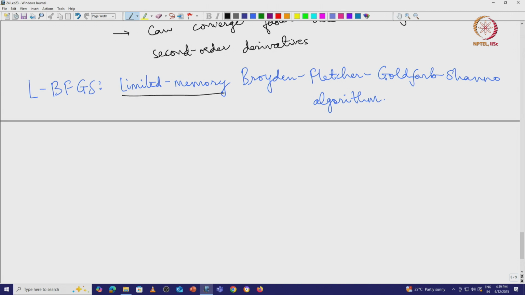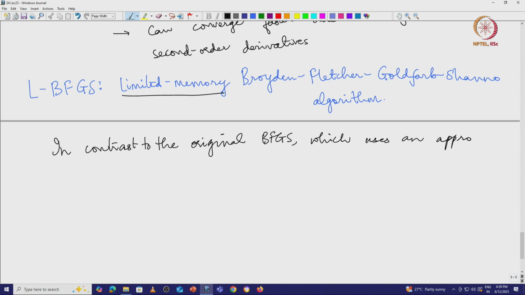So, in contrast to the original BFGS, which uses an approximate Hessian, and remember the Hessian has size p by p, where p is the number of parameters.